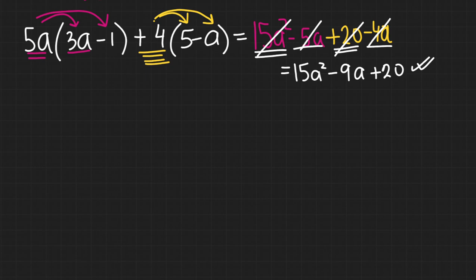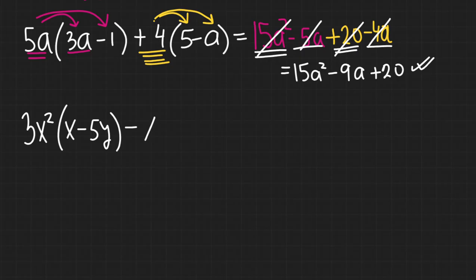Let's have one more example. 3x squared in brackets x minus 5y, minus x in brackets 5 minus 4y. All right. We made it even more difficult. So we start first. 3x squared multiplied by x.